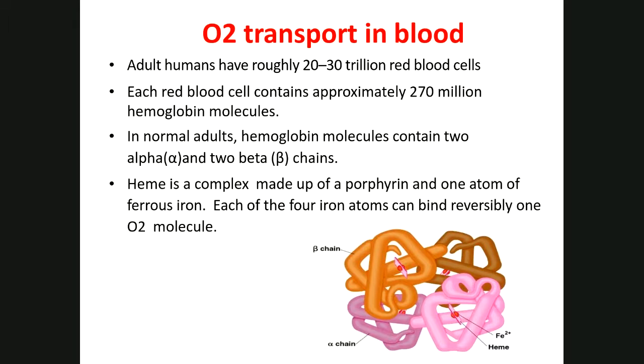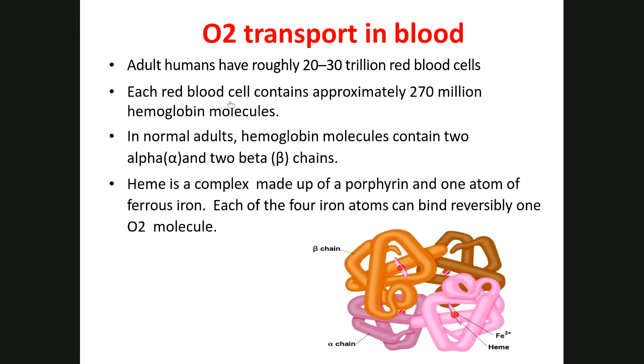So, oxygen transport in the blood. How many red blood cells do we have? Roughly 20 to 30 trillion red blood cells. Each red blood cell has nearly 270 million hemoglobin molecules. You don't have to remember these numbers, I'm just describing how many hemoglobin molecules we have. The main function of these hemoglobin molecules is to carry oxygen.